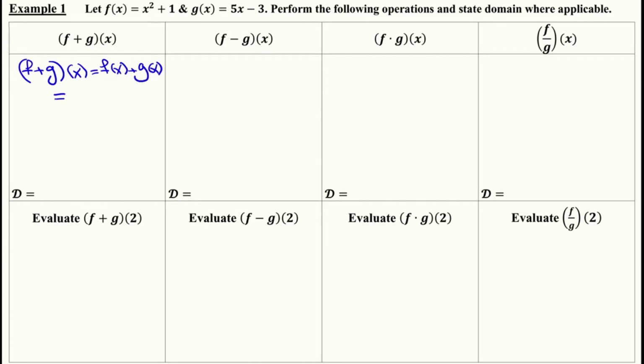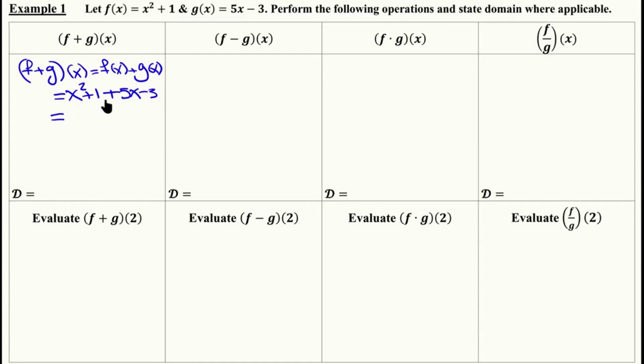So we know what f of x is. It's x squared plus 1. And we know g of x is 5x minus 3. And because we're adding, we don't really require parentheses around the 5x minus 3. If we were doing any other operation, we would put it, as you'll see in a minute. So now it's just a matter of simplifying this expression.